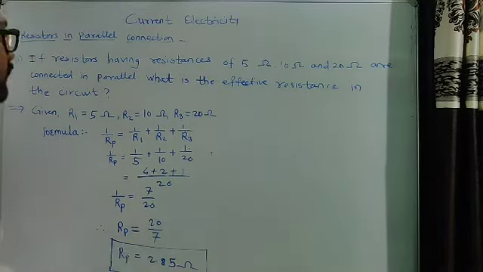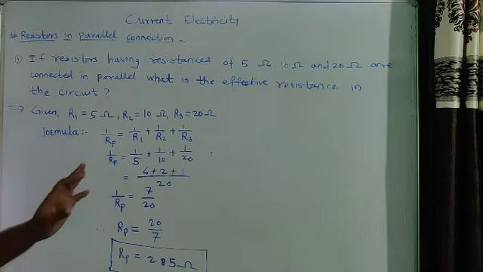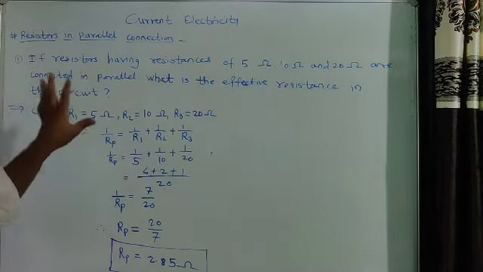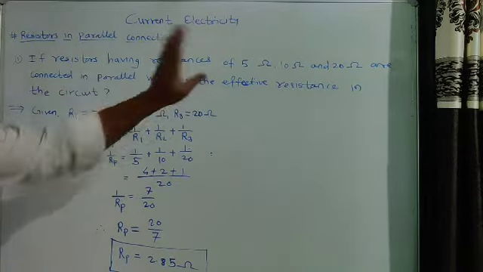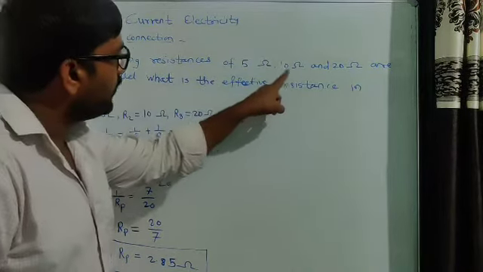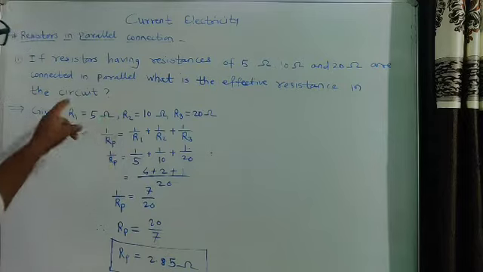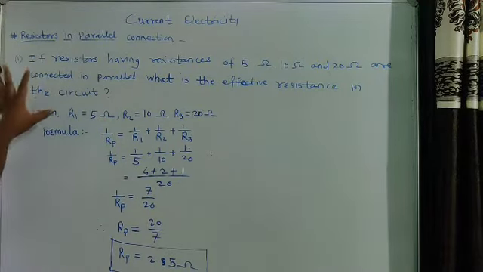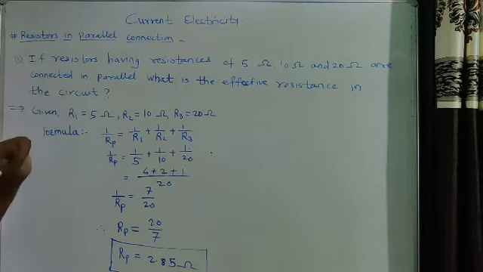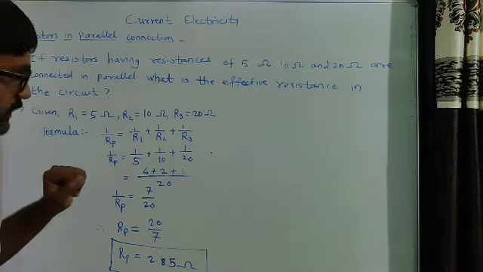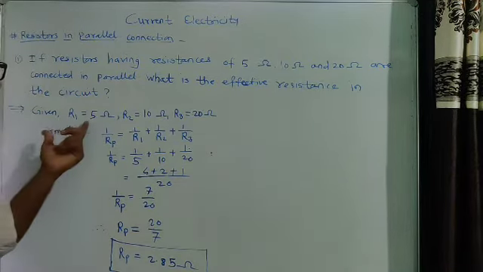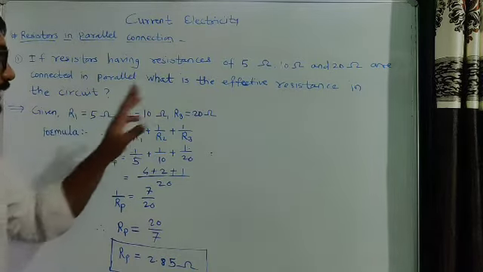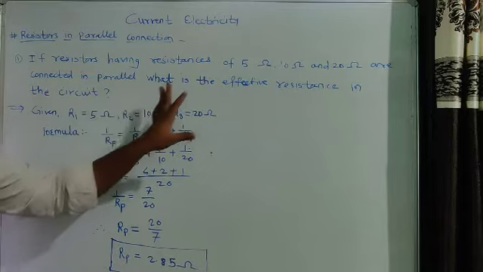Now the next problem is similar to the previous problem. Look here, we have to connect 3 resistances of 5 ohm, 10 ohm and 20 ohm in parallel connection. We have to calculate their equivalent or effective resistance. Again we write all the given terms: 5, 10, 20 are the 3 resistors.